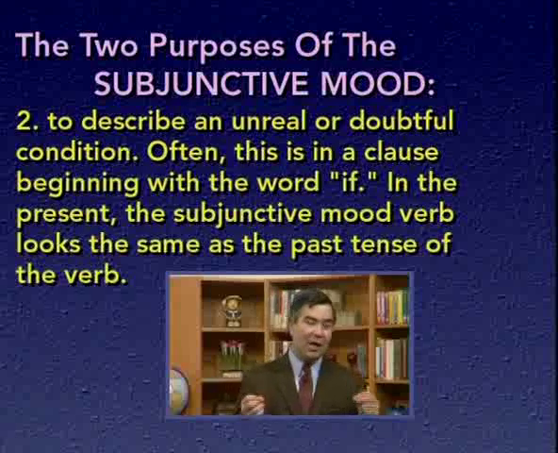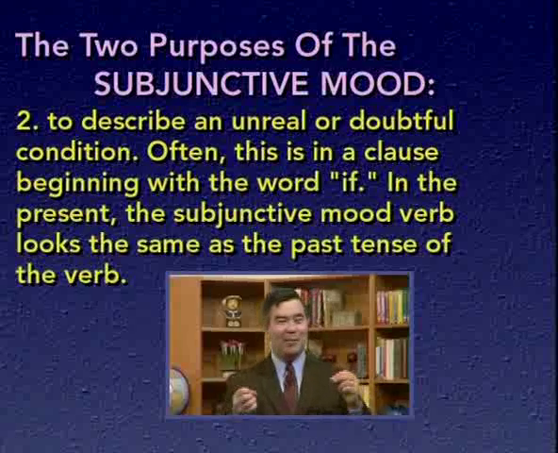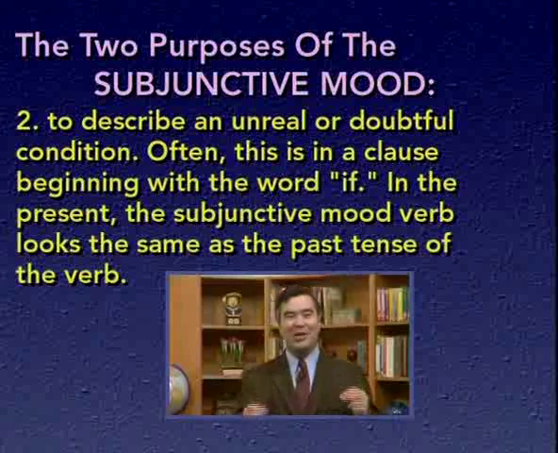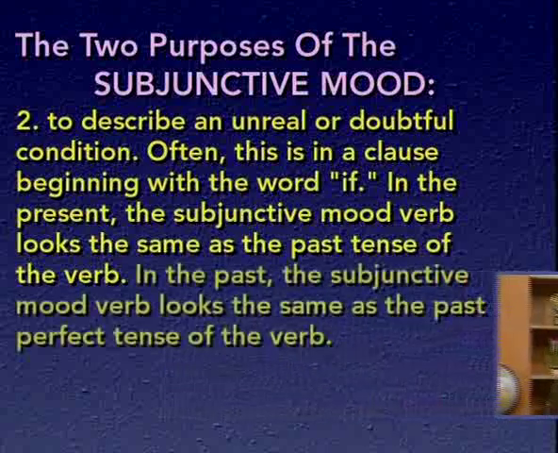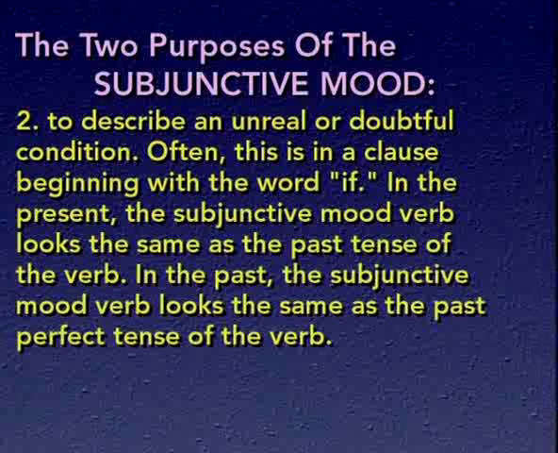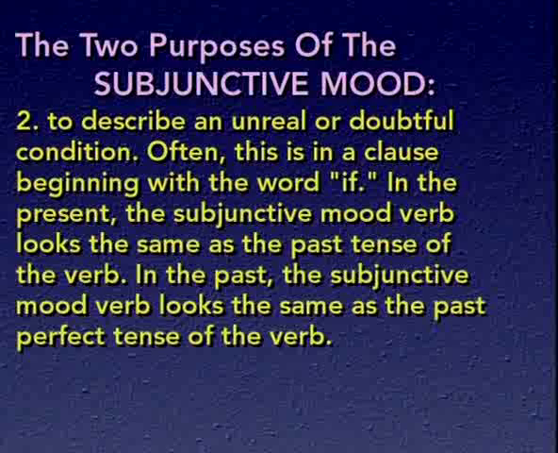On the other hand, if we're describing something happening in the past, then the subjunctive mood verb looks the same as the past perfect. Remember, the past perfect is formed with the helping verb had and the past participle.